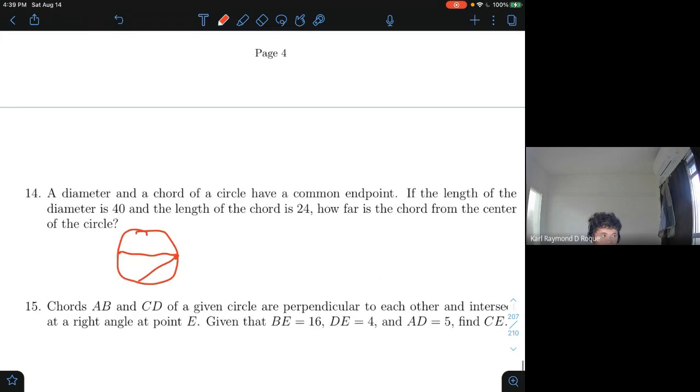And the length of the chord is 24. How far is the chord from the center? I hope naintindihan kung bakit ganyan nangyari. Get D, you'll get 16.